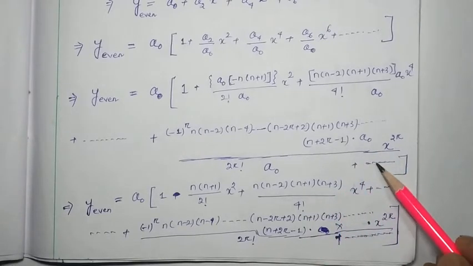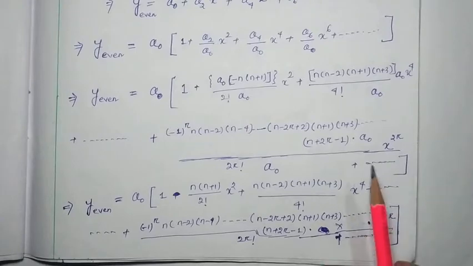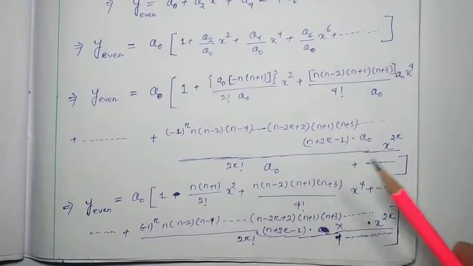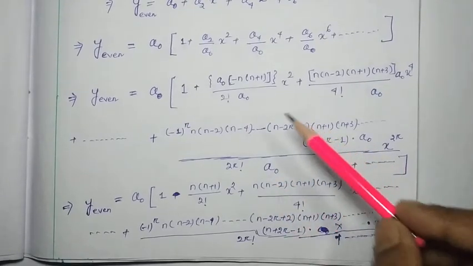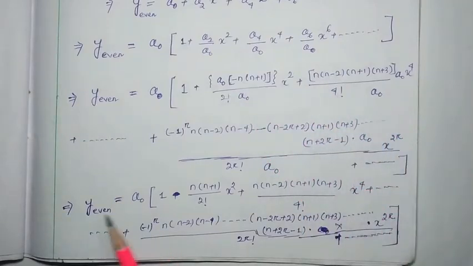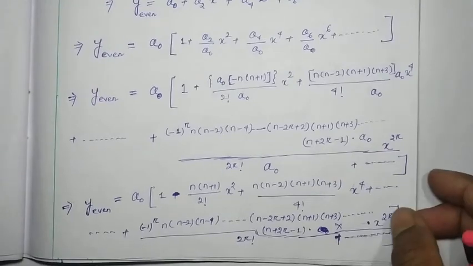I wrote dots here. So by cancelling a0 from each term, this is the next line. Carefully write this, pause the video and write down the note.